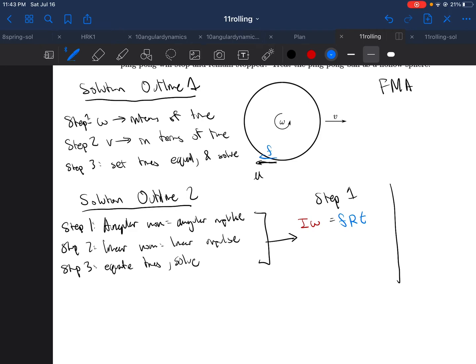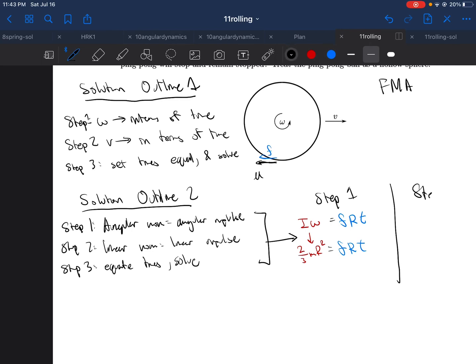Technically it should be delta t, but whatever. And the rotational inertia is mr squared. So this is our first step.